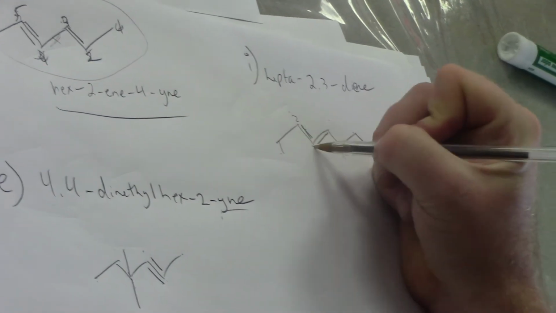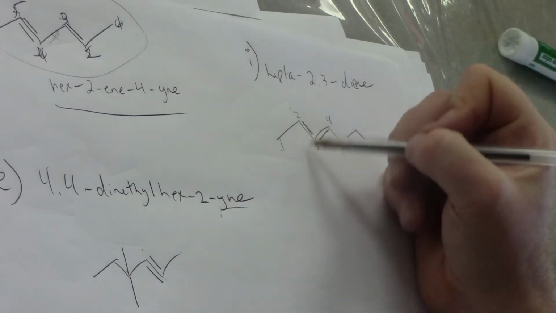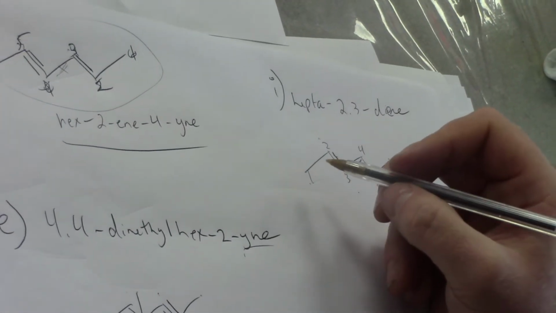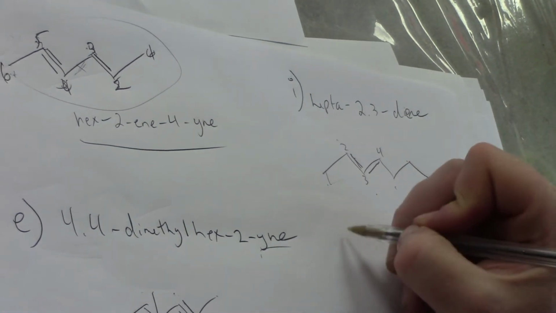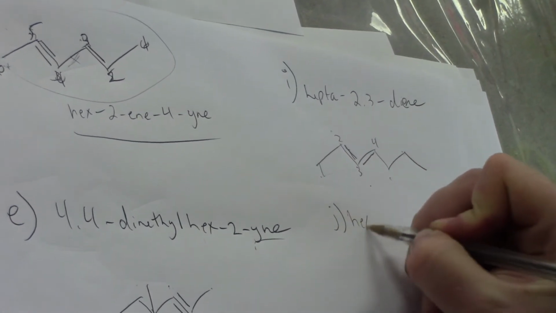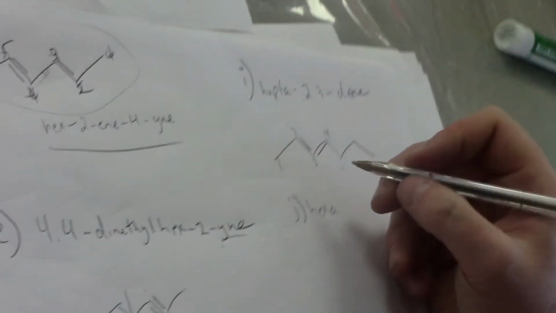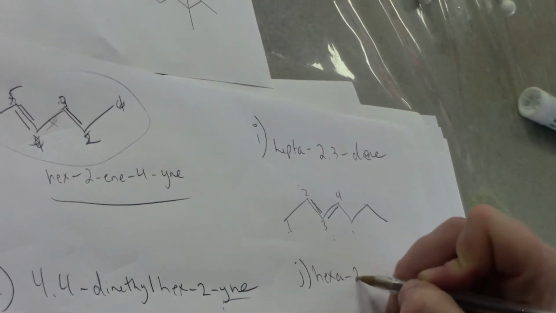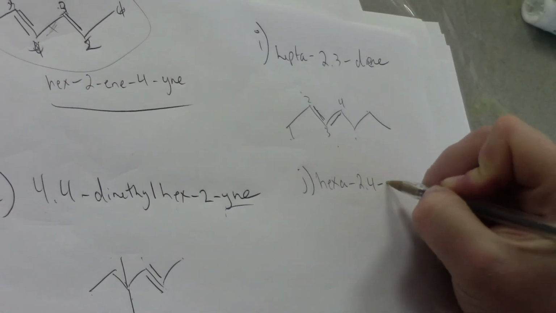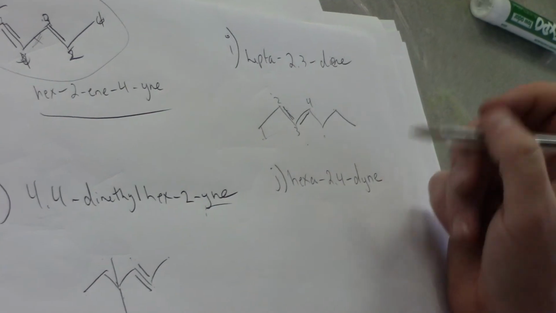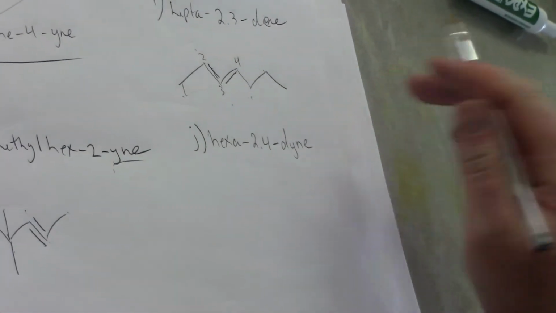So 1, 2, 3. Right, so that's how I would draw that, hepta-2,3-diene. Let's look at J. And this says hexa-2,4-diyne. I can write this as diyne or diine. Diine sounds really awkward. All right.